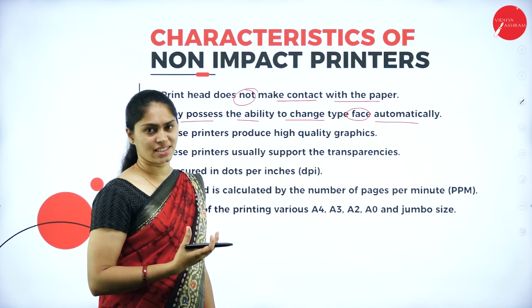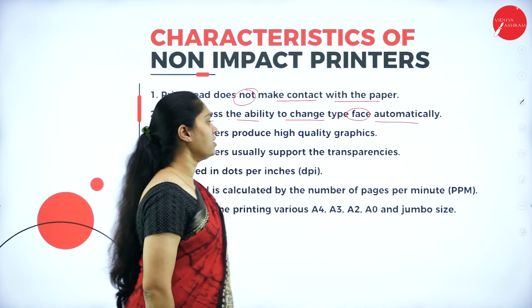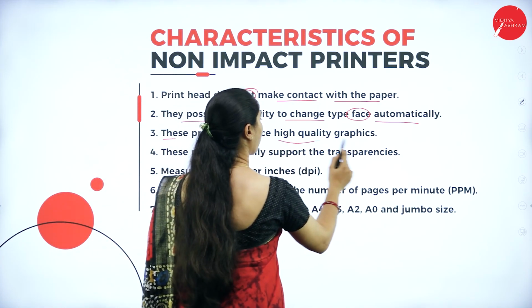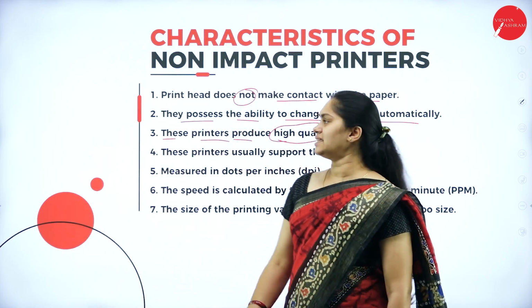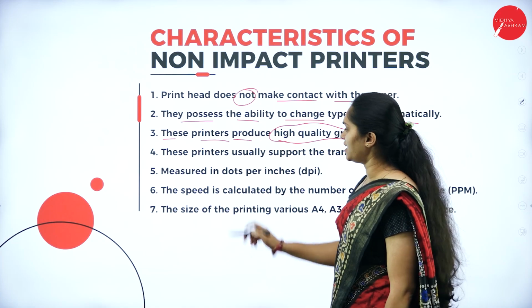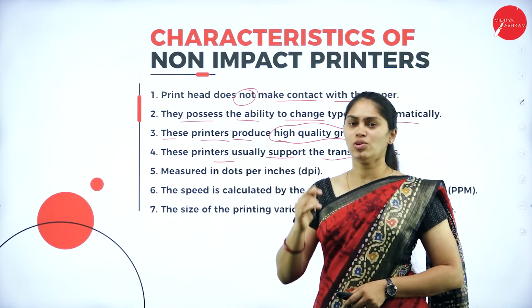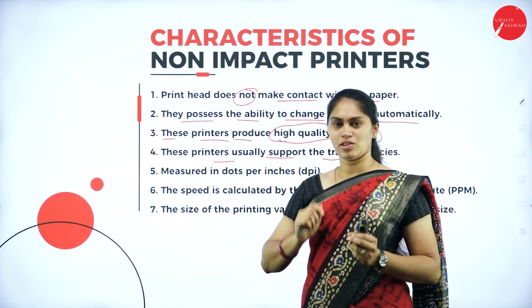So font face and typeface can be changed in a non-impact printer, but not in the impact printer. And these printers produce high quality graphics. The quality of the graphics will be higher in this non-impact printer, and this printer usually supports transparencies. So you can see through partially or fully.